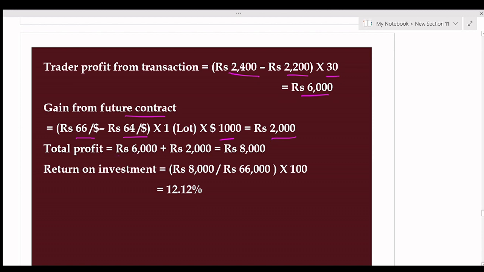Total profit will be 6,000 plus 2,000 is equal to rupees 8,000. Return on investment: rupees 8,000 divided by rupees 66,000 multiplied with 100 is equal to 12.12%.